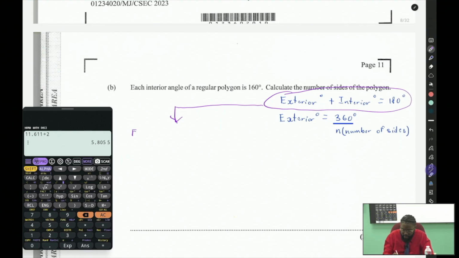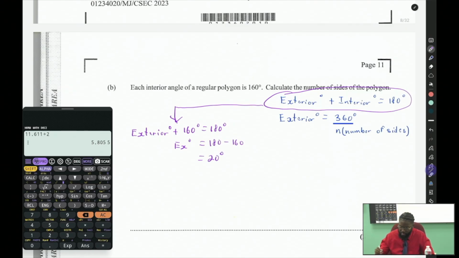So exterior angle plus interior angle, which they have given us, which is 160 degrees, is equal to 180 degrees. So our exterior angle, let's call it EX degrees, would then be equal to 180 minus 160, which would then give us 20 degrees.